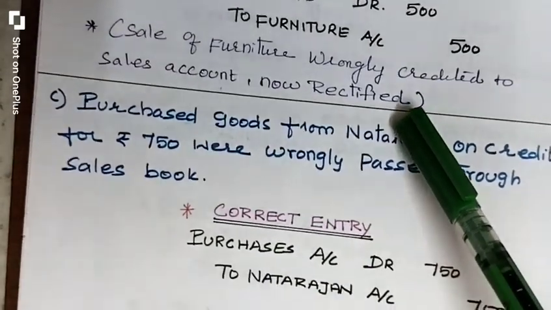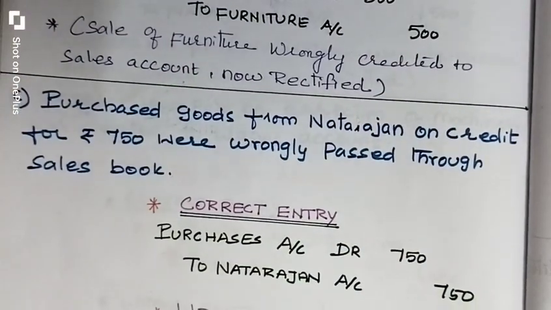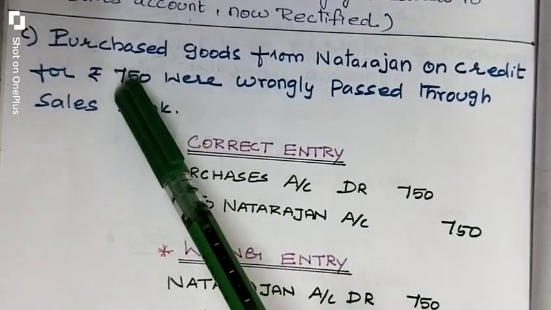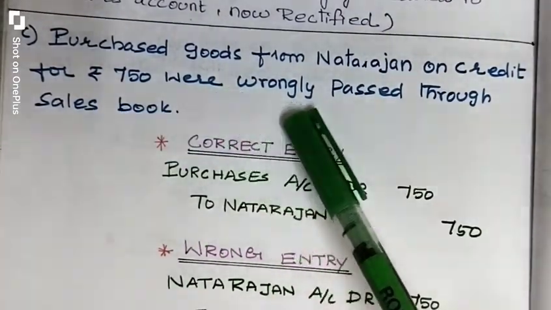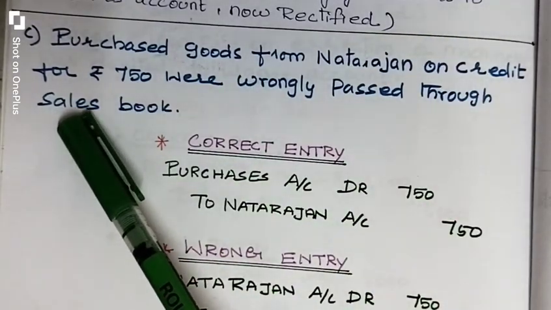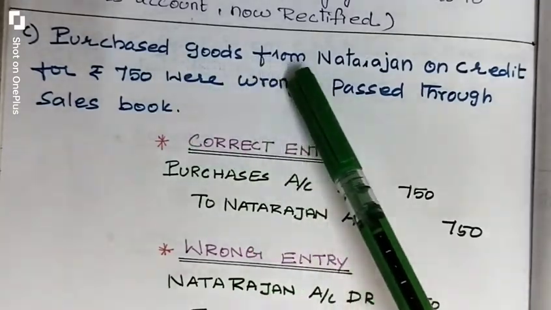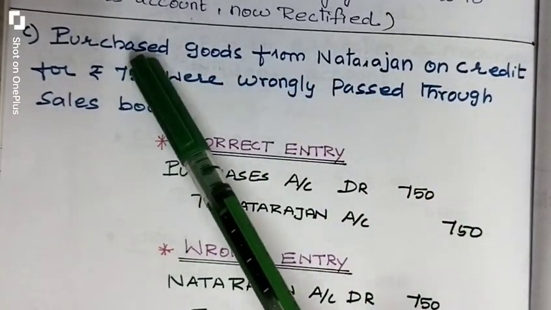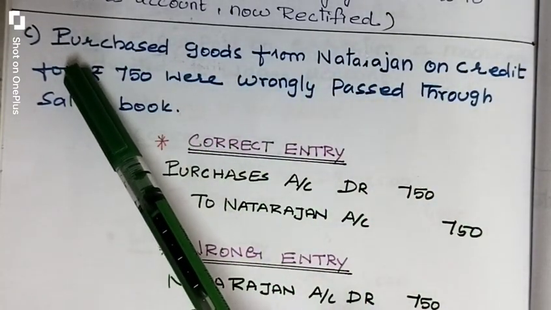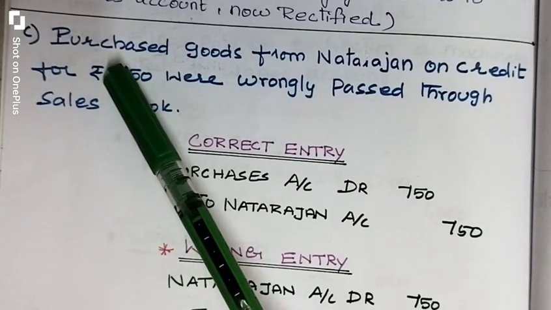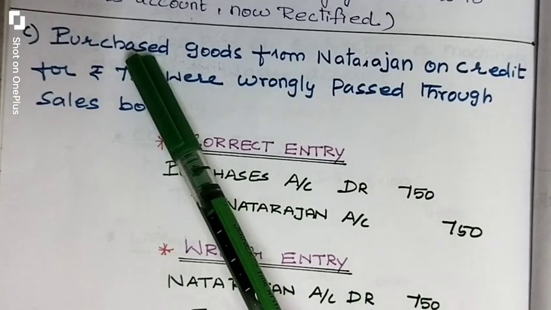The next transaction: purchased goods from Natarajan on credit for rupees 750 were wrongly posted through the sales book. What does this transaction tell us? Purchased goods from Natarajan on credit for rupees 750. This is a credit transaction, a credit purchase.